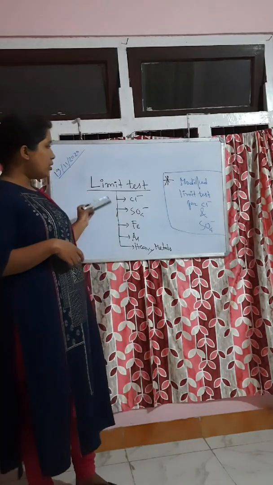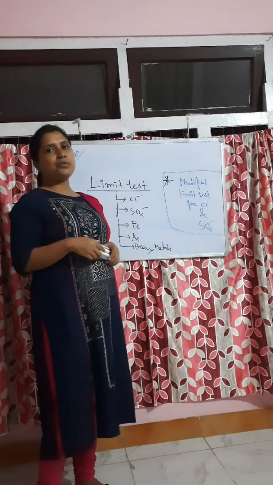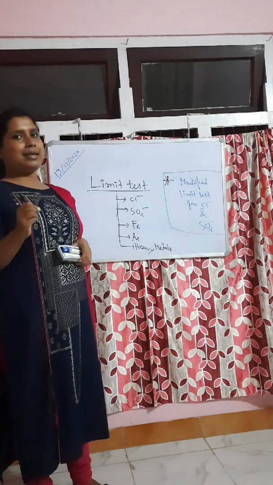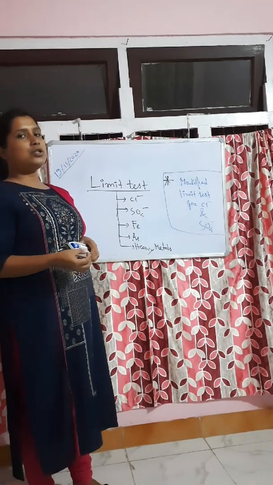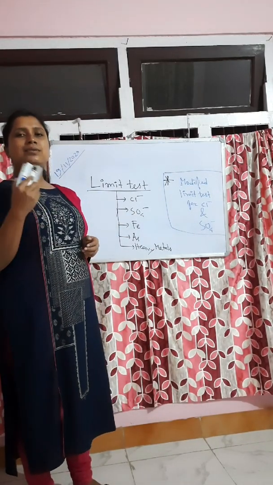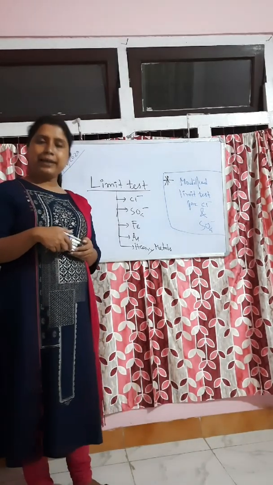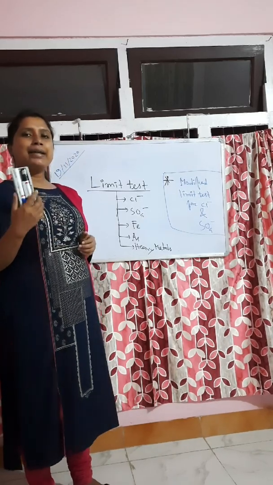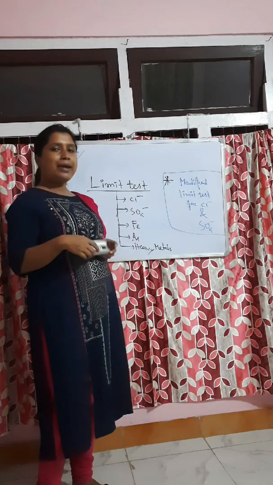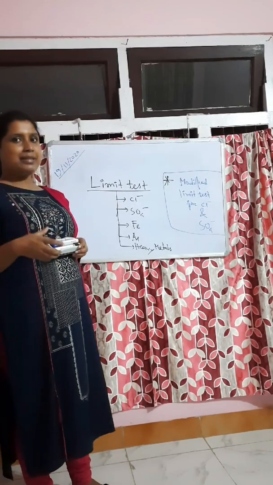Okay. So I told you what is the basis of the chloride limit test. The basis of the chloride limit test is a very simple reaction where soluble chloride reacts with silver nitrate and produces silver chloride. Silver chloride is a white precipitate and it is insoluble in water. That's why it will give turbidity.